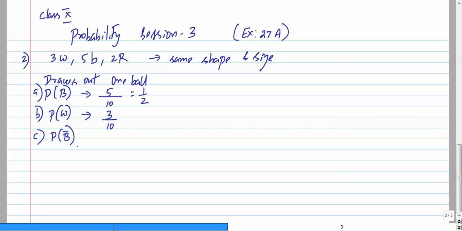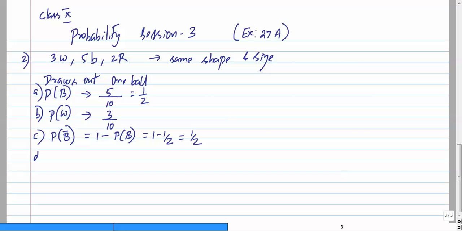We need to understand this in a better way. The chances of getting a black ball is 5, so we have arrived at the probability of 1 by 2. Now P of not getting a black ball is 1 minus P of getting a black ball. That is 1 minus half, it is half.